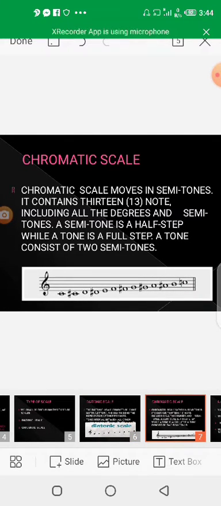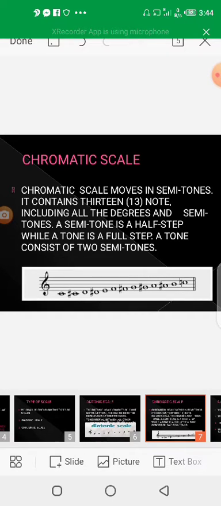Okay, let's move to chromatic scale. A chromatic scale moves in semitones. It contains 13 notes, including all the degrees and semitones. A semitone is a half step, while a tone is a full step.